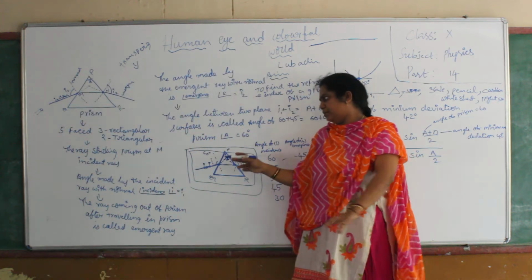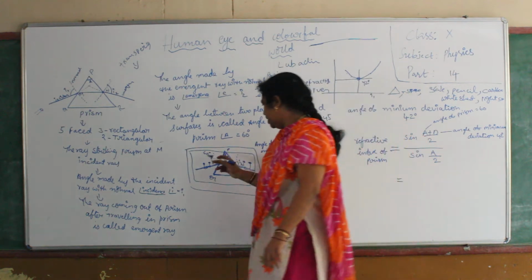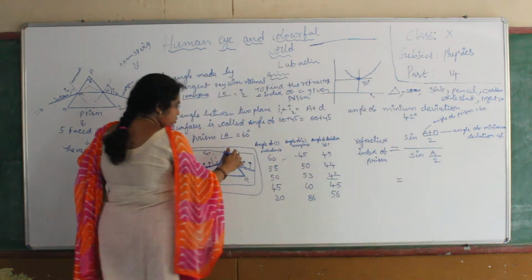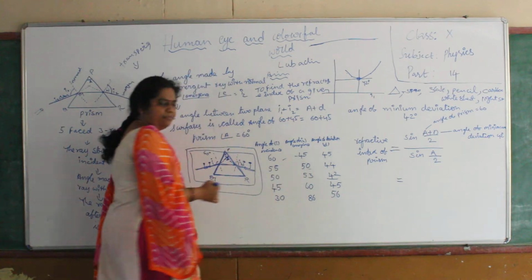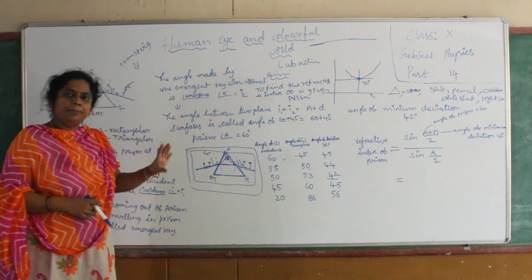From this side I observed and kept two more pins on the right. I removed it and measured this angle also with the normal. Then I got 50, and I extended it with the same procedure.